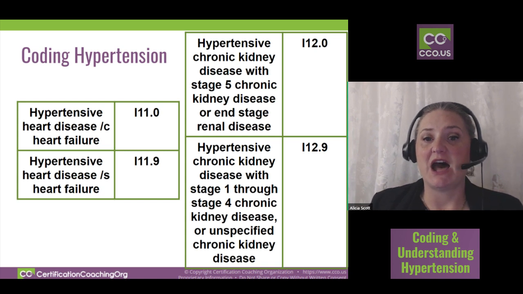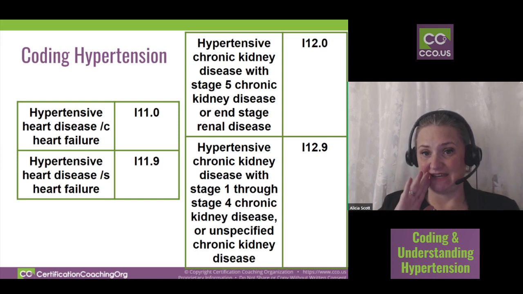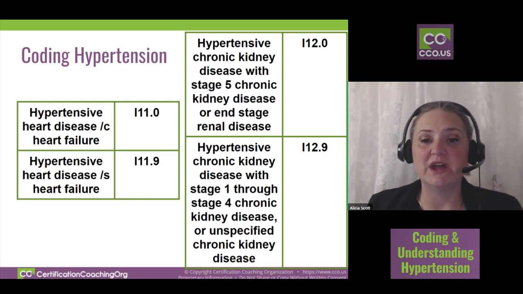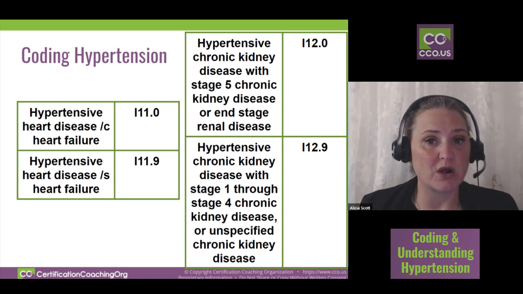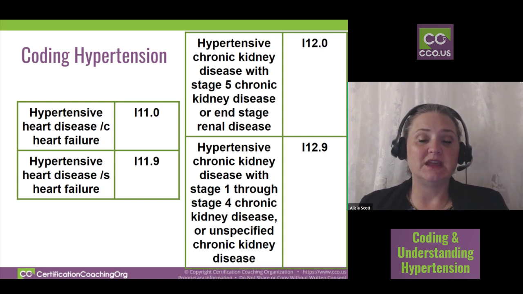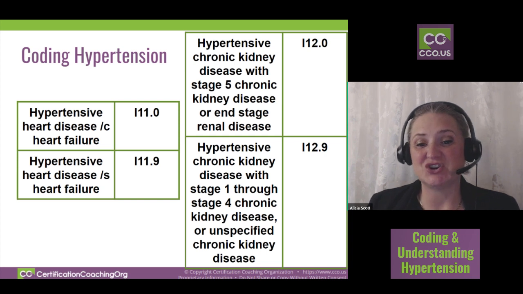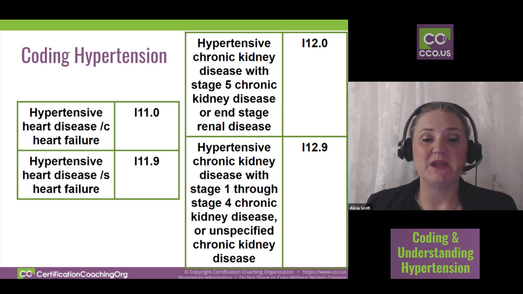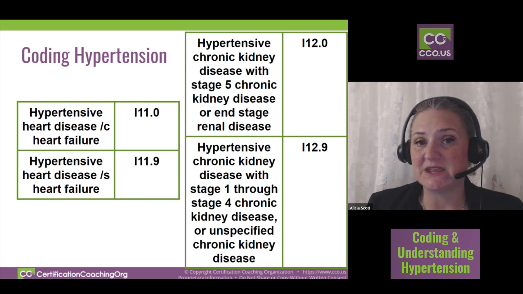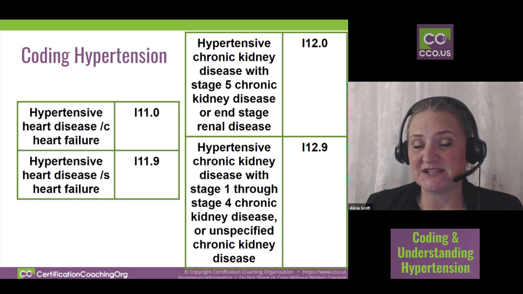Now we have hypertensive chronic kidney disease, CKD, with stage 5 chronic kidney disease or ESRD, which is end-stage renal disease. Note for your notebook, ESRD is end-stage renal disease.